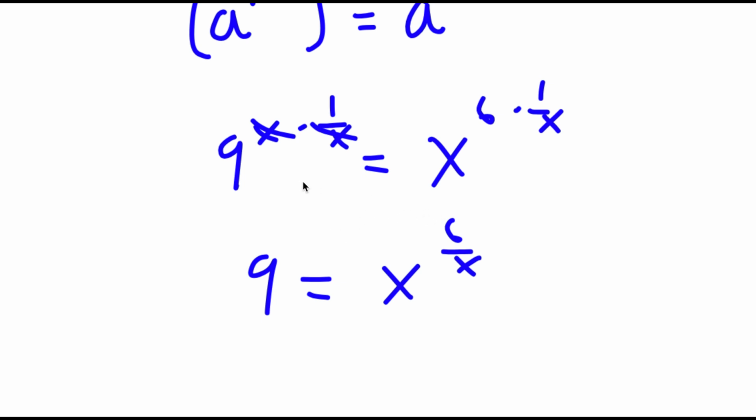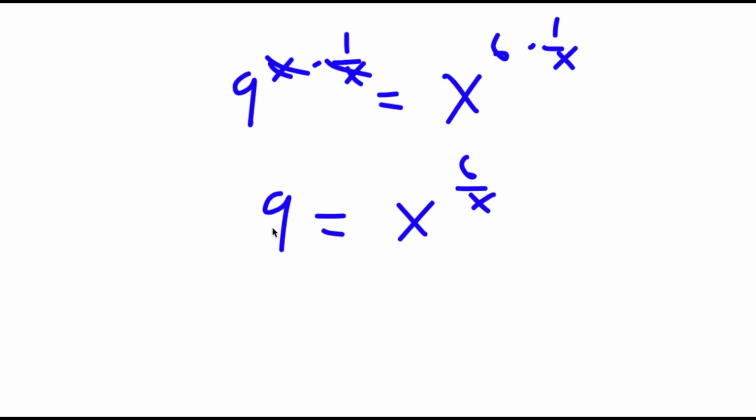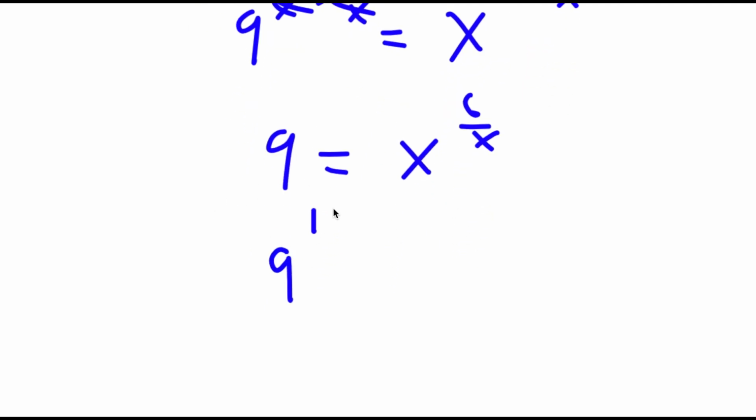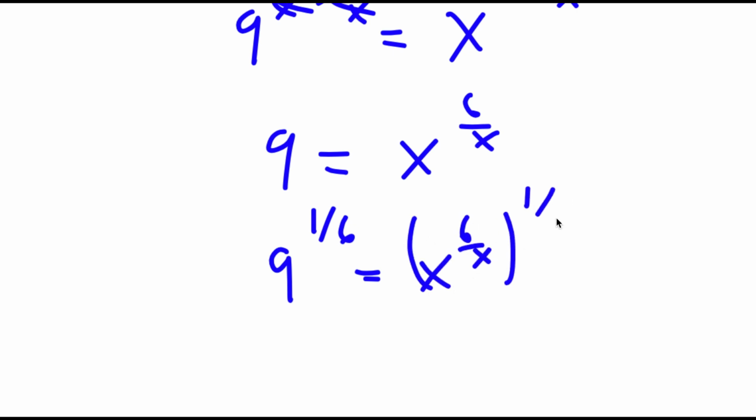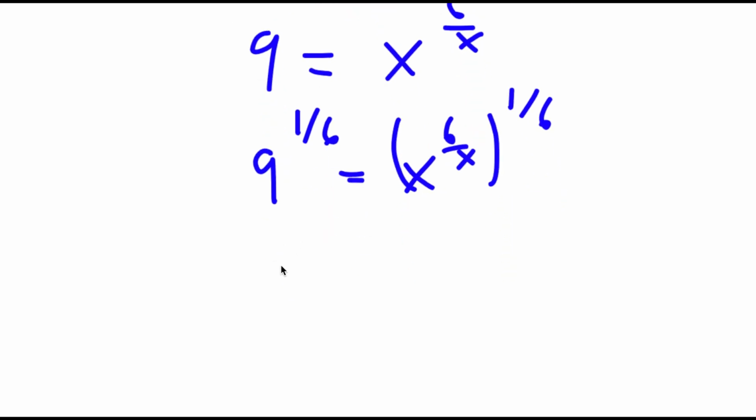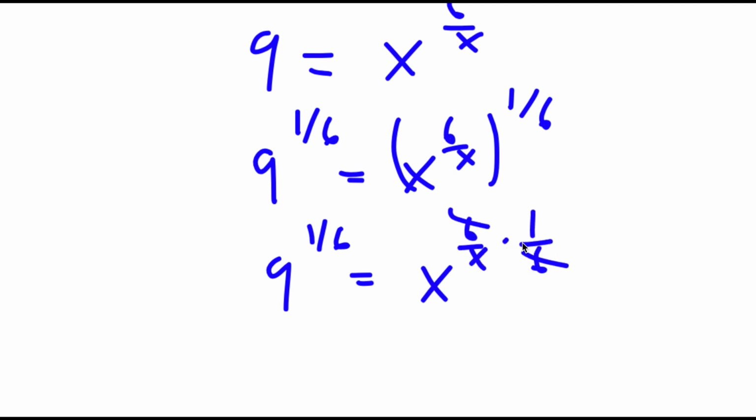Now I'm going to take the power of 1 over 6 on both sides. So now I have 9 to the power of 1 over 6 is equal to x to the power of 6 over x to the power of 1 over 6. And again, this is going to equal x to the power of 6 over x times 1 over 6. These two cancel out.